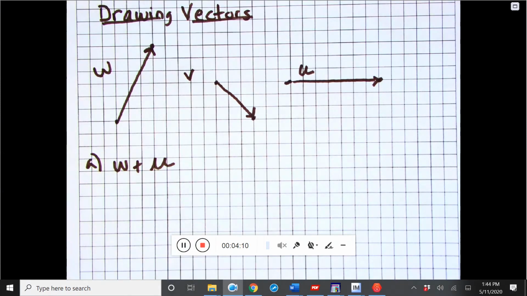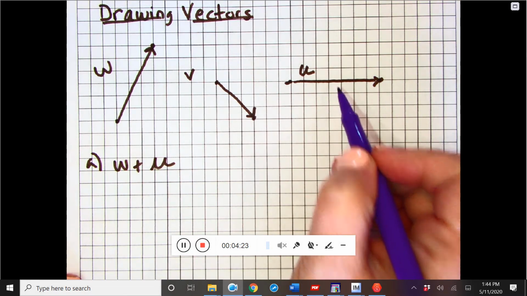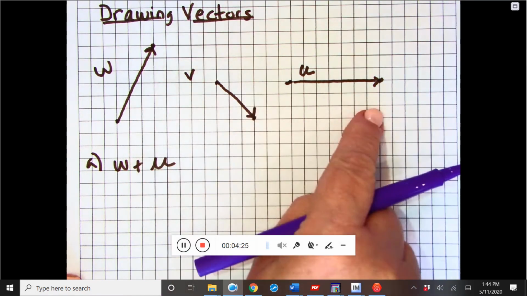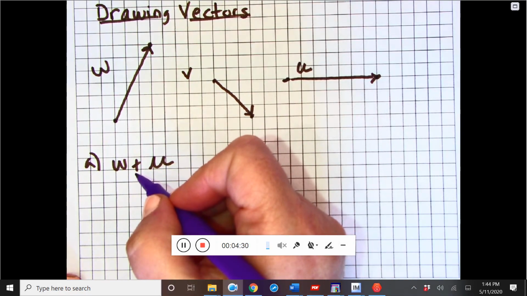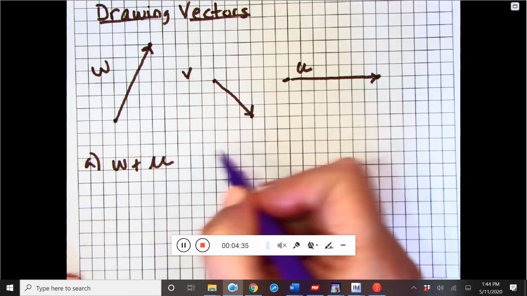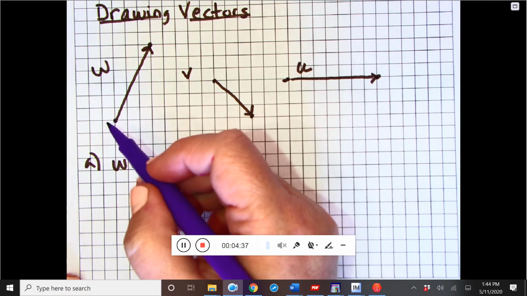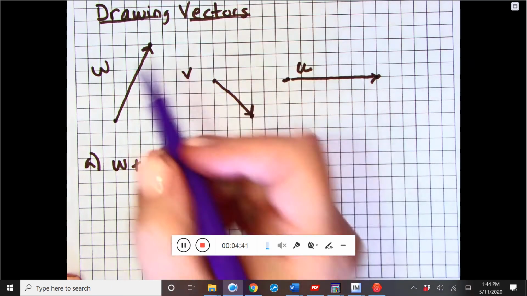So we're going to add a couple of vectors geometrically. If you look here, we have a couple of vectors. I call them vector W, vector V, and vector U. Notice they all go in different directions and they have different lengths. We want to draw the vector that we get when we add vector W to vector U. So we recreate vector W. I like to use slope.